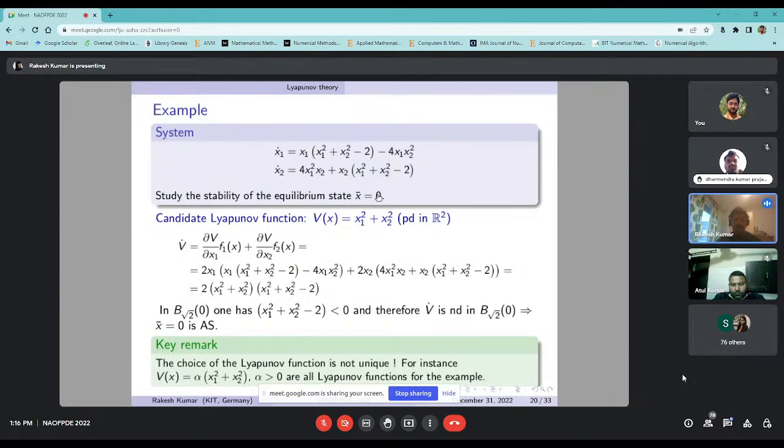It means only that this function is not a Lyapunov function for this differential equation. Then you will try another Lyapunov function, and if again you do not get the negative part, then we will try another. So this is only a sufficient condition, not a necessary condition.